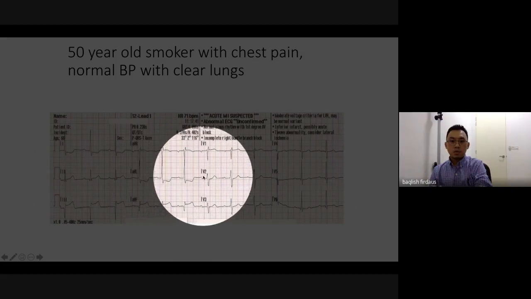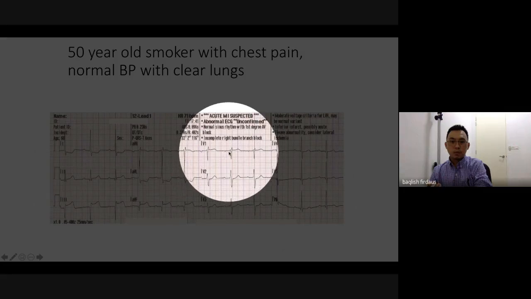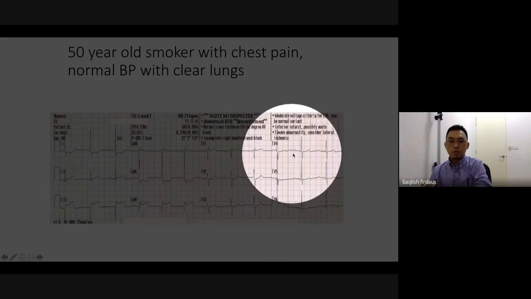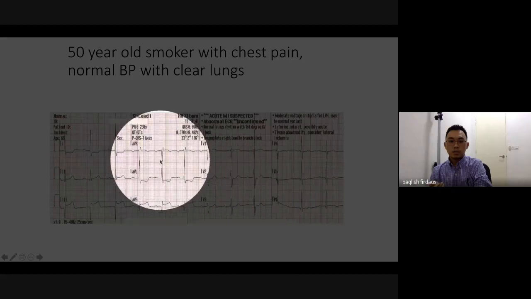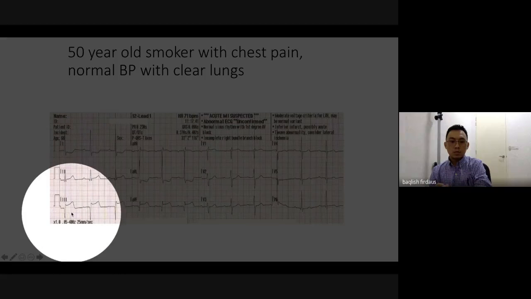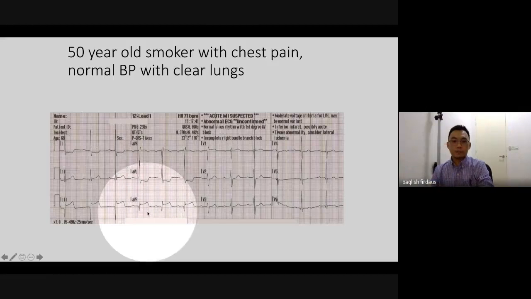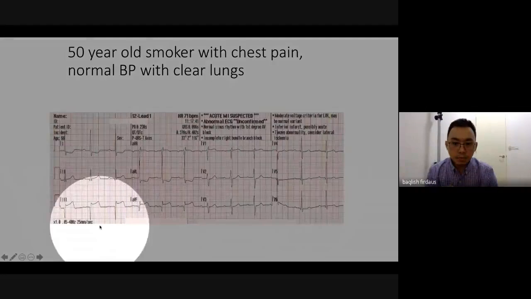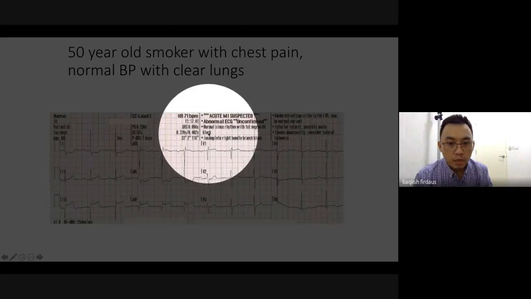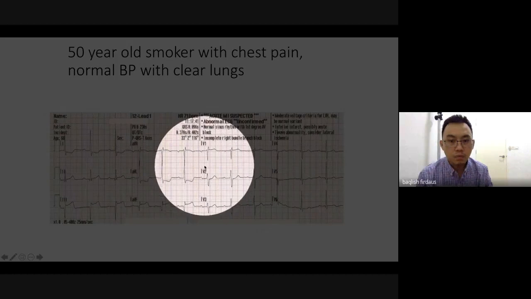After that, I look at V1, where there's probably some ST elevation, then V2, V3, V4, and last but not least, lead aVR. We can see some ST depression over lead V2 and a tall R in lead V2.